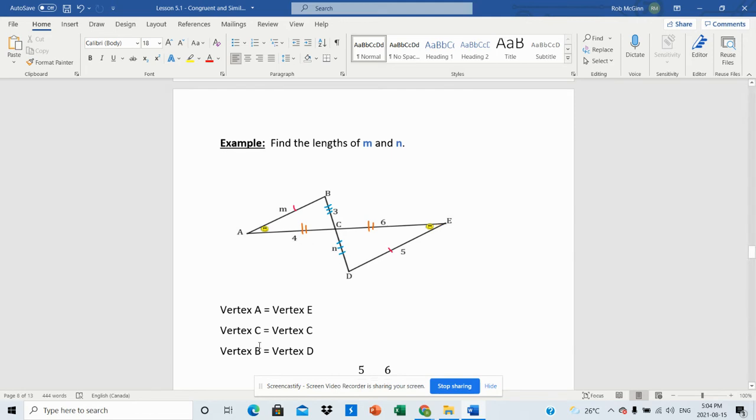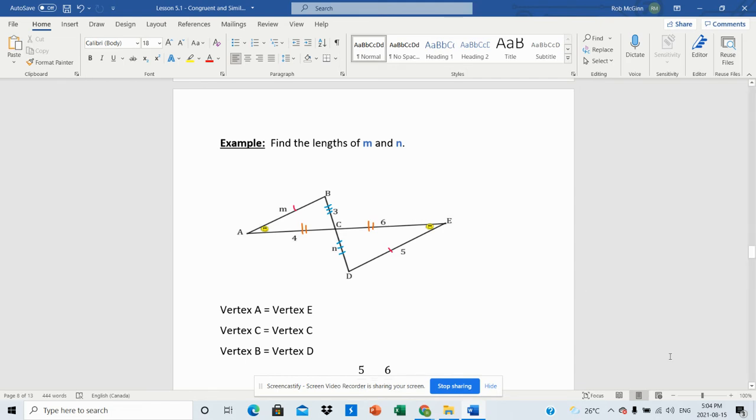Then vertex C and vertex C are going to be equal angles, and vertex B and vertex D. So if we rotate triangle ABC 180 degrees, it would look almost identical to triangle CDE, with the exception that triangle CDE would be a little bit larger.